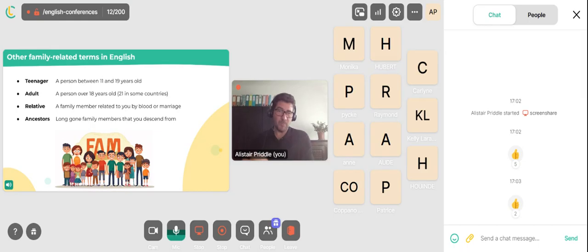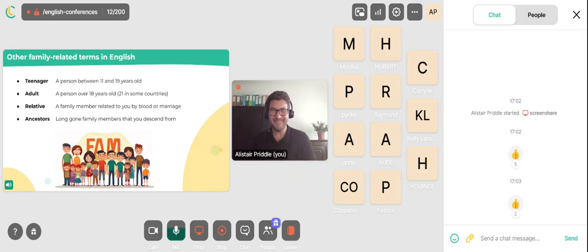Adult, a person over 18 years old, 21 in some countries. Relative. A relative is a family member related to you by blood or by marriage.